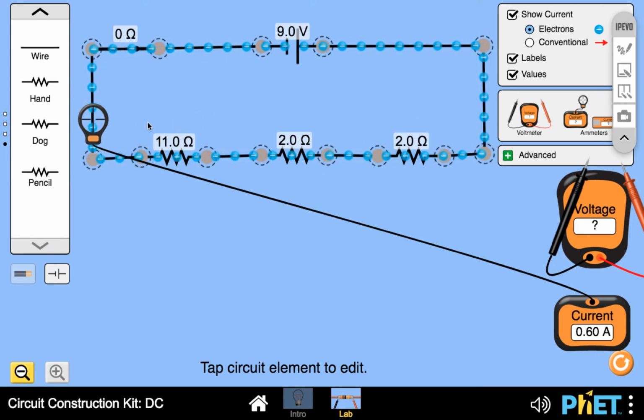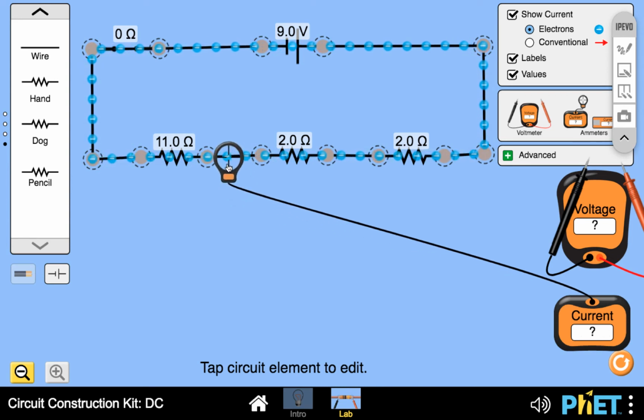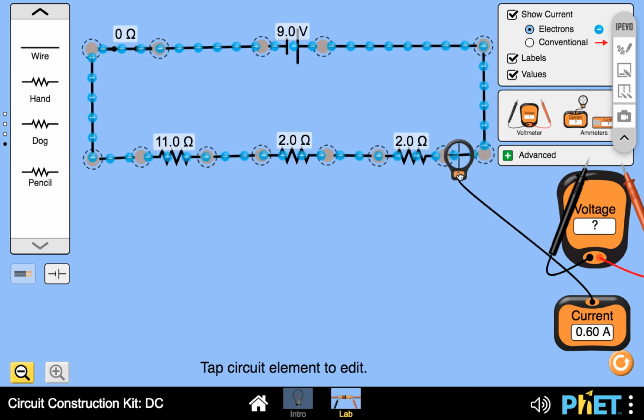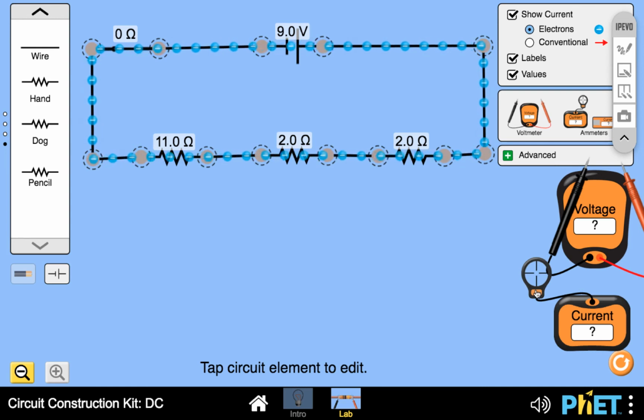It's still 15, and after the current passes through the first 11 ohm, you can see the current is still 0.6, and then on the second one the current is still 0.6, and the third one the current is still 0.6. So as you can see, this simply means that the current is going to be the same when resistors are connected in series, in spite of the fact that they might have different resistance. The current that is passing through them is going to be the same.